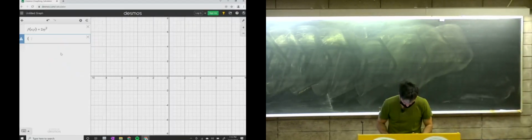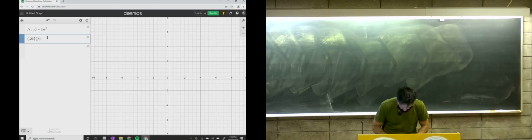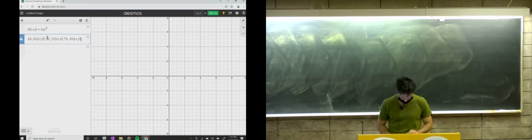So I'll have 0.25 times f of 0.25, 0.25 plus f of 0.25, 0.75 plus f of 0.75, 0.25 plus f of 0.75, 0.75.